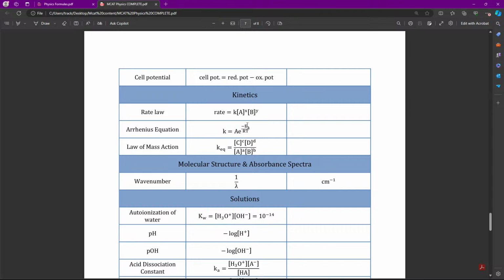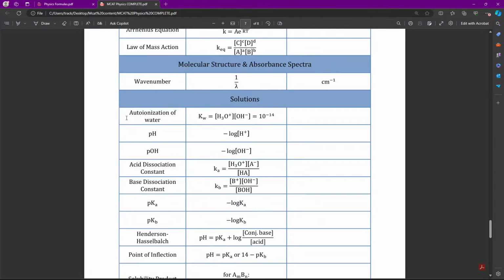Law of mass action, K equilibrium constant. Wavelength equals 1 over wavelength, wave number. Auto-ionization of water is Kw equal to 10 to the negative 14th. pH is negative log. pOH is negative log of that. Ka is that. Kb is that.